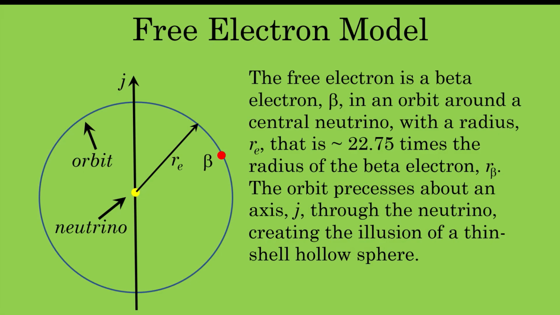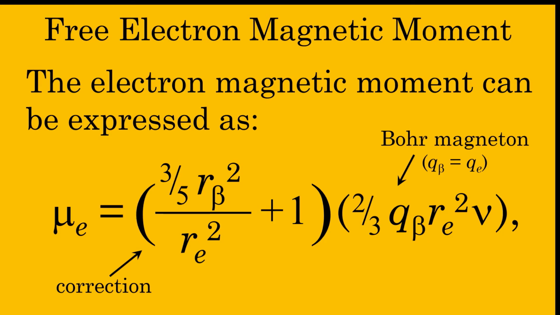Video 6 showed that configuring the free electron as a beta electron orbiting an electron neutrino provides a physical mechanism that corrects the Bohr magneton approximation of the electron magnetic moment to its actual value.